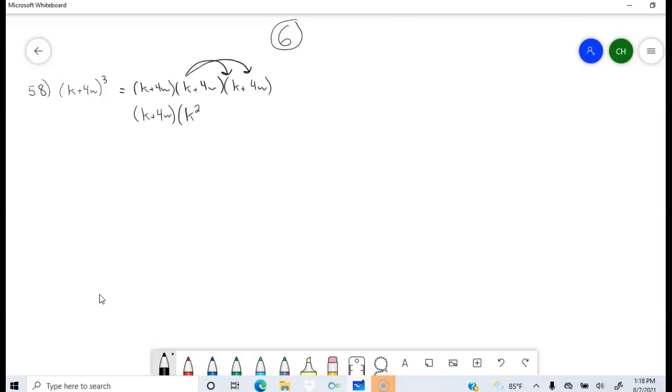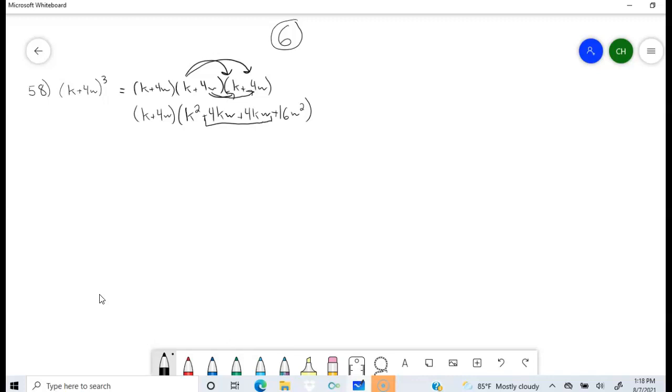K times 4w is plus 4kw. 4w times k is plus 4kw. And 4w times 4w is plus 16w squared.